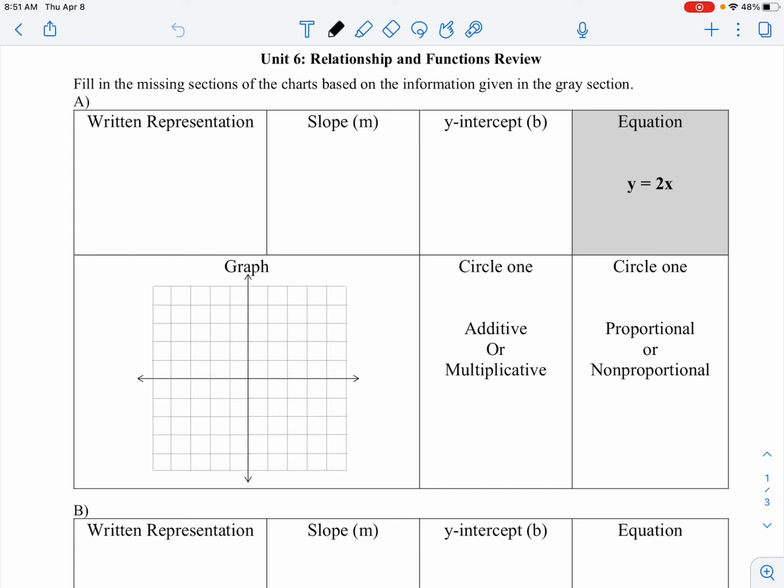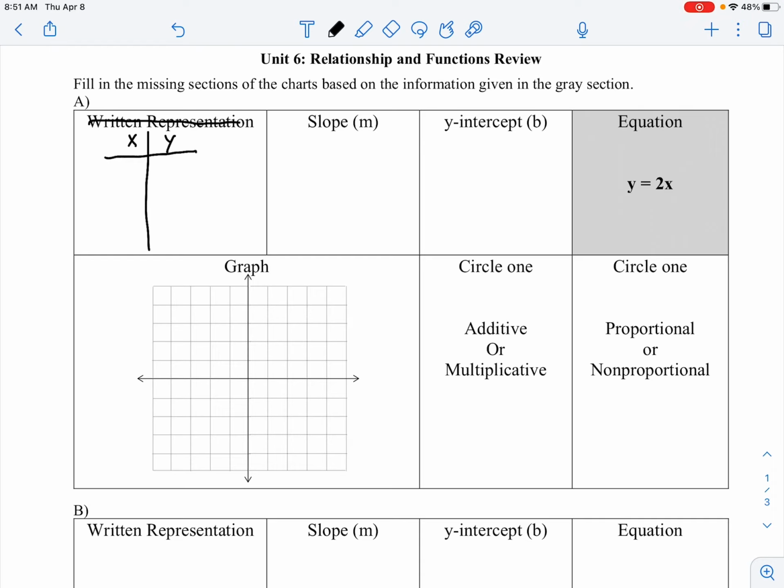So for part A here, we are given an equation y is equal to 2x. Instead of a written representation, we are going to create a table. So x and y. What we want to do is test some things.